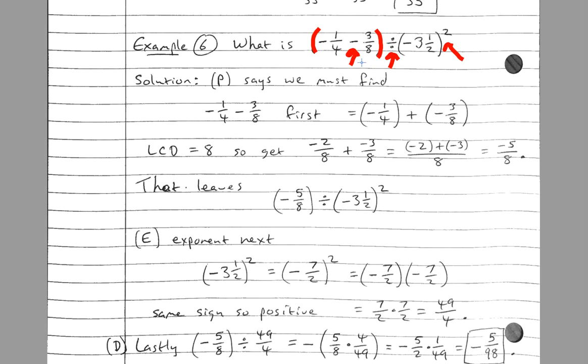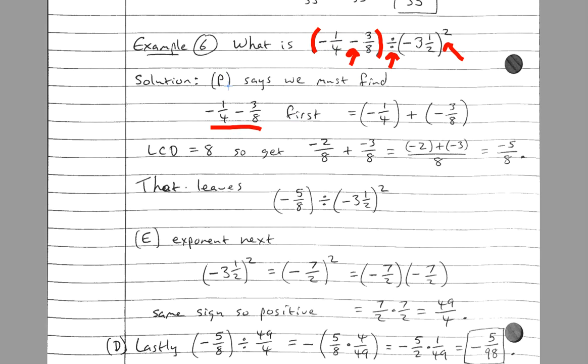Okay, so these parentheses are telling us that we do this subtraction first. This is a grouping symbol, so we'll take care of this group first, the subtraction.